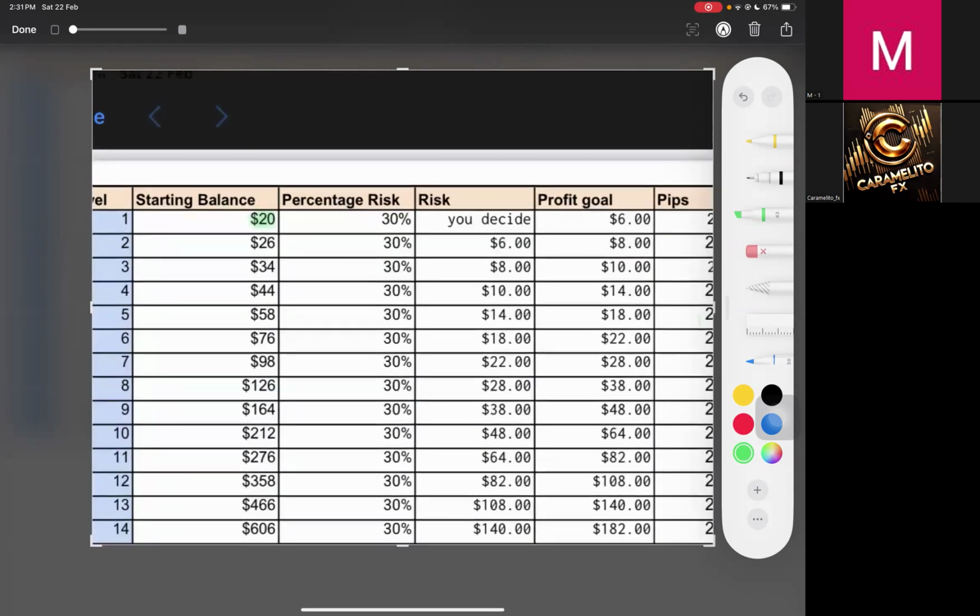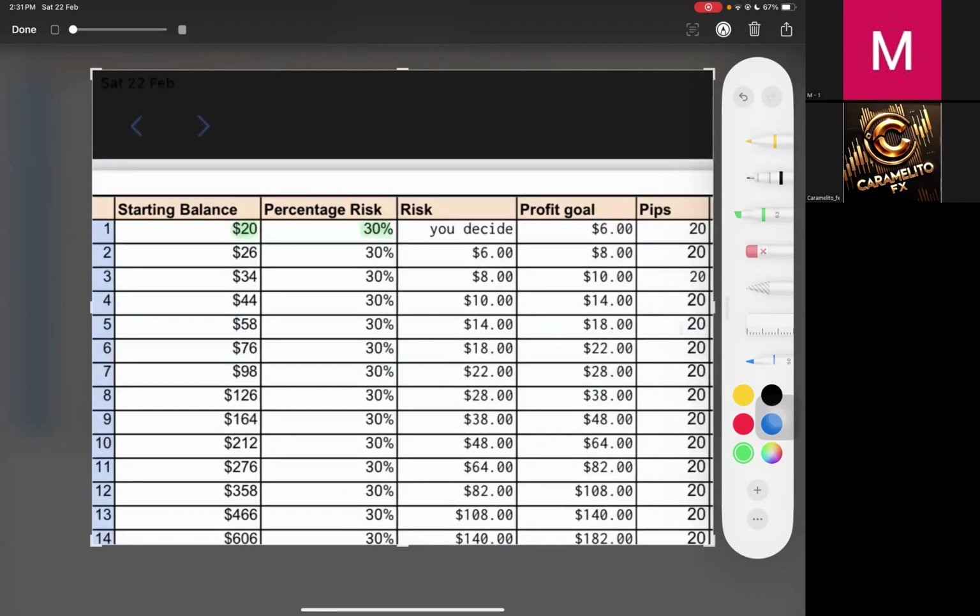Okay, so let's say for the first day you start from $20 and you risk 30% of your account, from your money management, from your margin, but for the target profit goal only $6. Some people will say, "Man, only $6 is too small for me." They'll be arrogant.